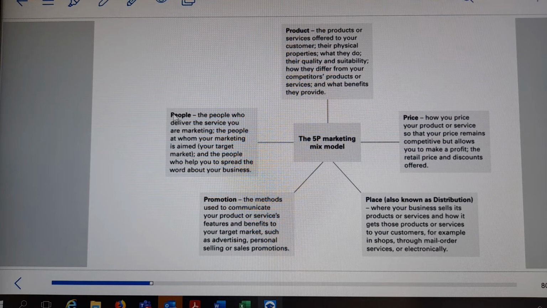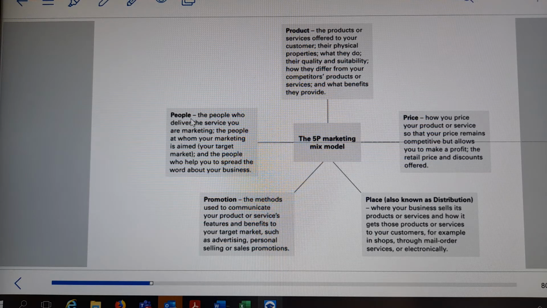And people is the last P. The people who deliver the service you are marketing, the people at whom your marketing is aimed, which is your target market, and the people who help you to spread the word about the business. So people is divided into 3.